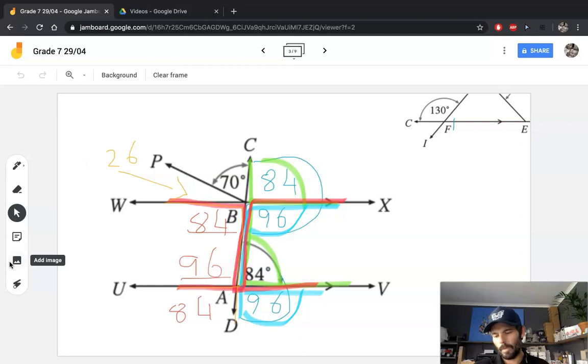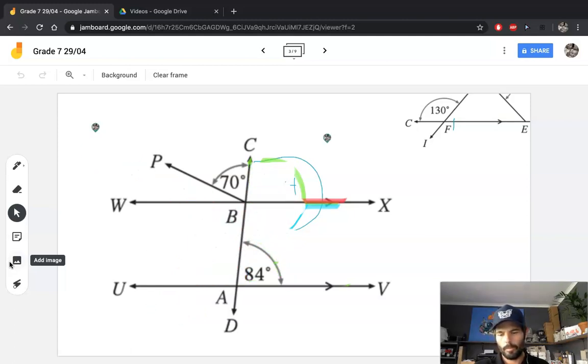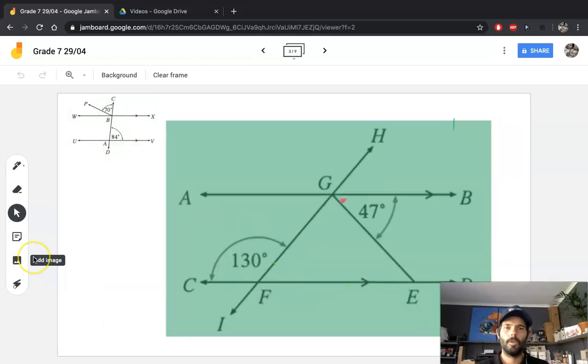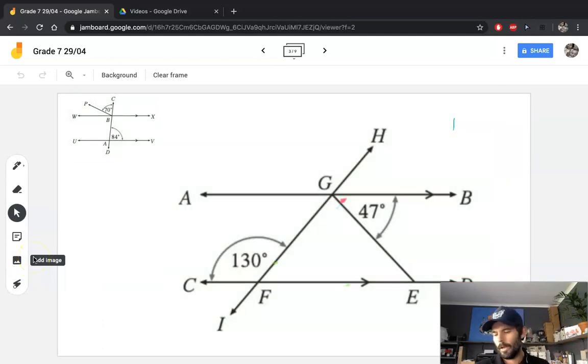Let me just create some space here for the second one. Okay, and second one similar. You needed to work out all the angles. Let's just put that one away and bring this one down. Okay, there we go. So we'll start off with this angle here. I'm just going to use 180 minus 130 is 50 degrees.